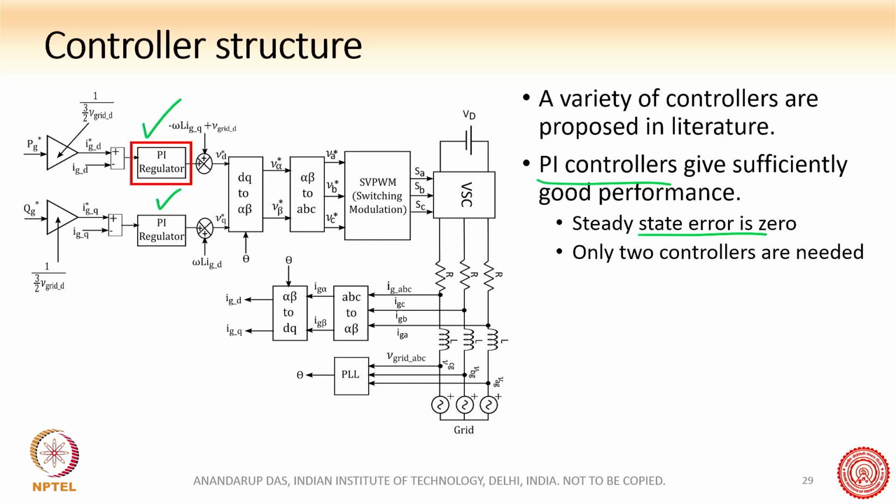This is the very standard PI controller which we can use. As I told you, if the system is more or less behaving as a first order system, a PI controller will make it work like a second order system, where we can actually control all the parameters.